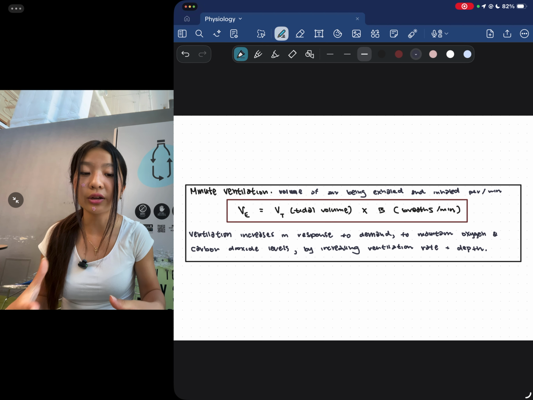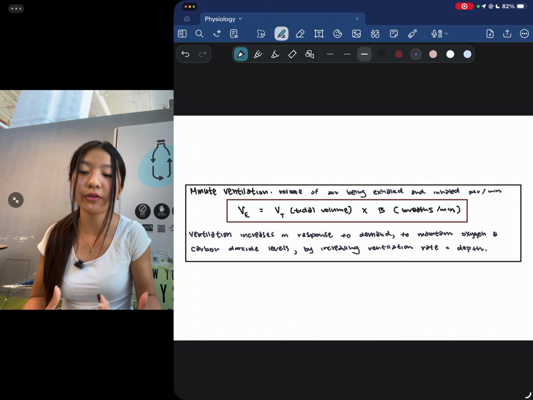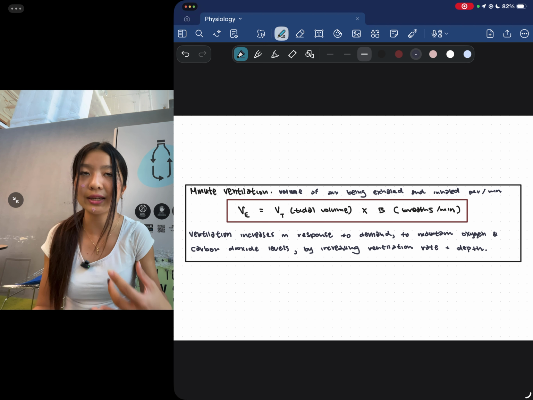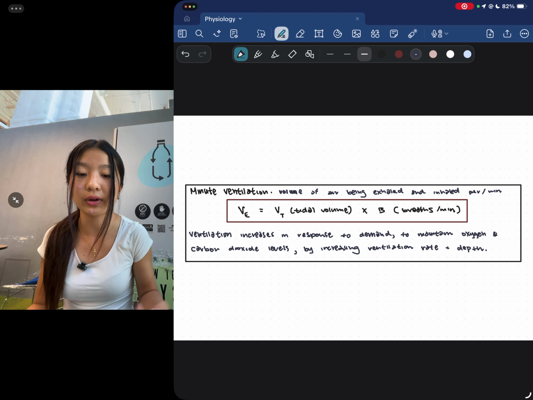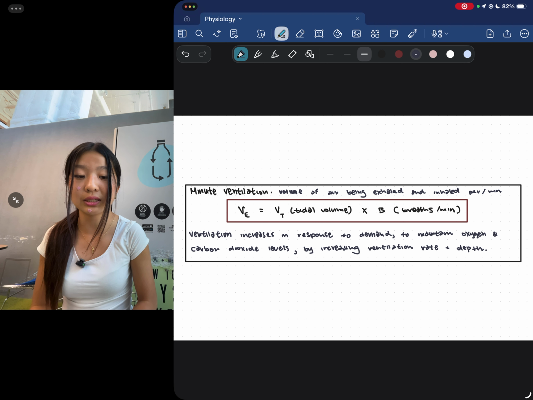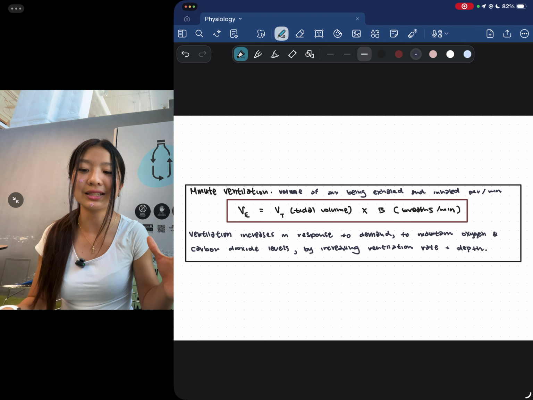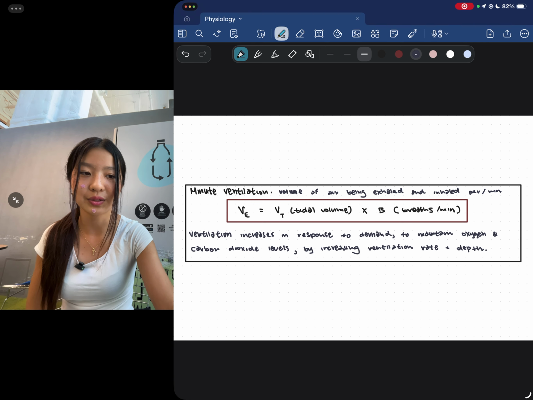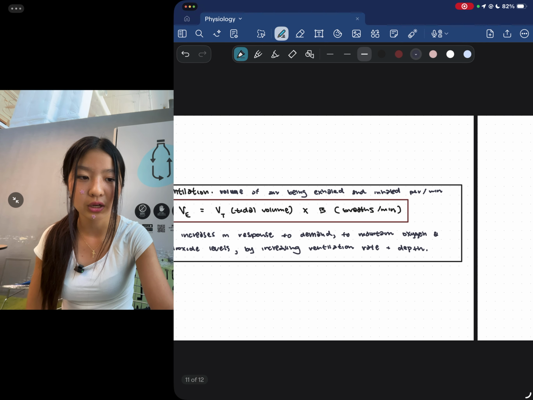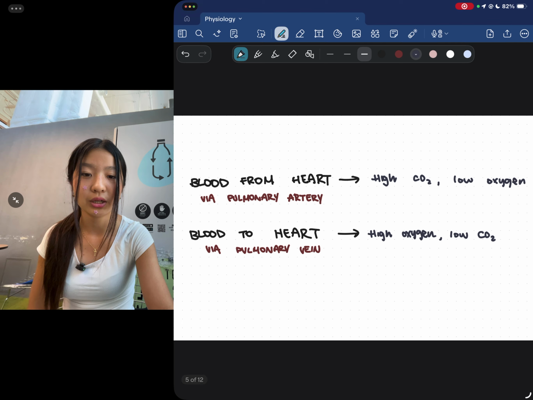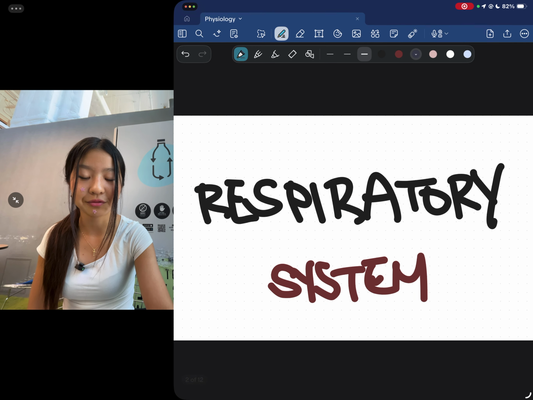And ventilation increases in response to demand. If our body needs more oxygen or needs to expel more carbon dioxide, then our ventilation rate goes up by increasing both the rate of the breathing and also the depth of the breaths that we're taking. So that is kind of just a rough intro to the respiratory system.